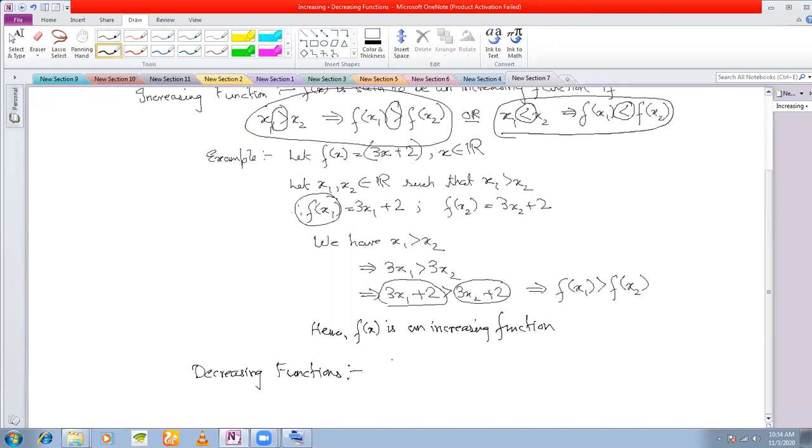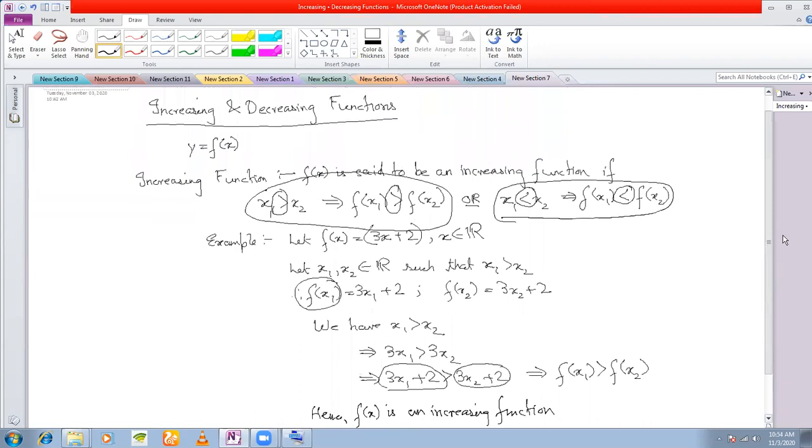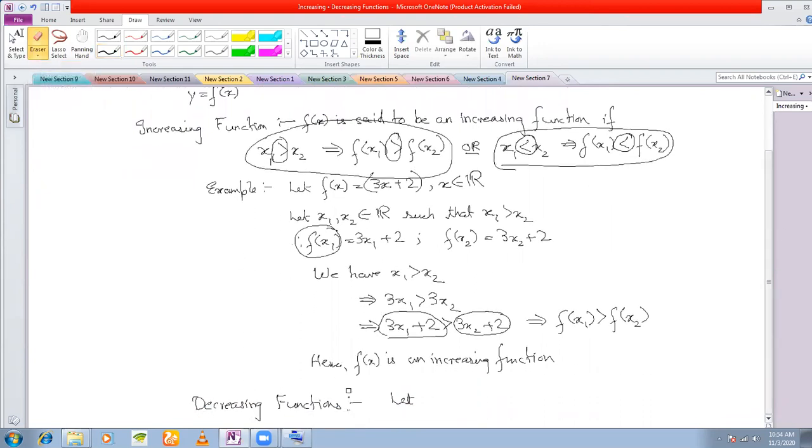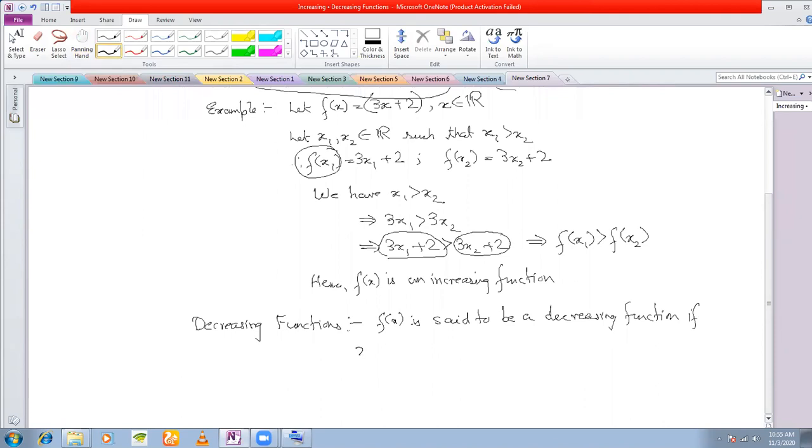What is a decreasing function? Suppose f(x) is said to be a decreasing function if x1 greater than x2 means f(x1), this time there's a greater than sign here, this sign will change to less than.